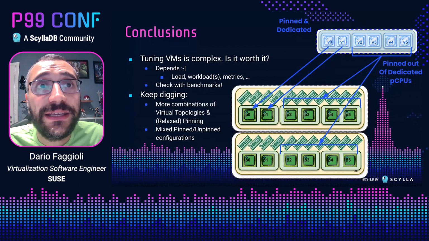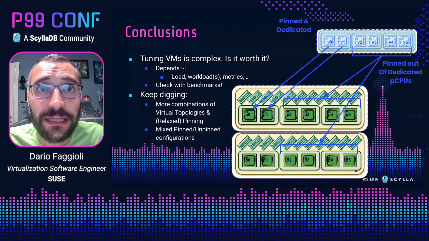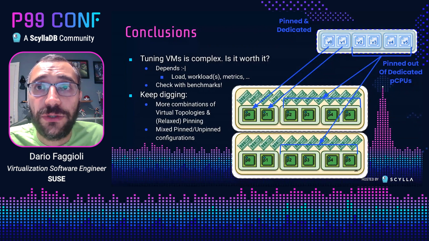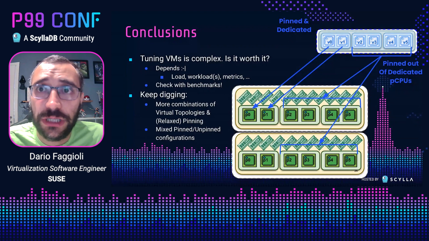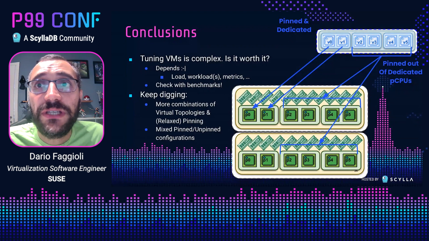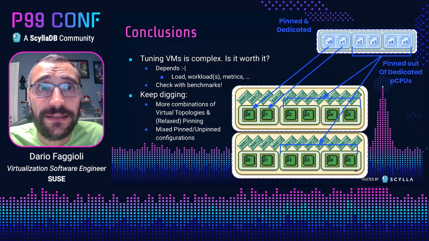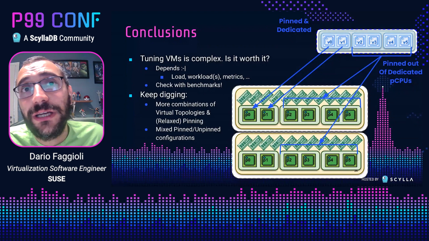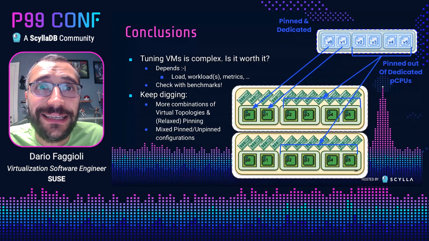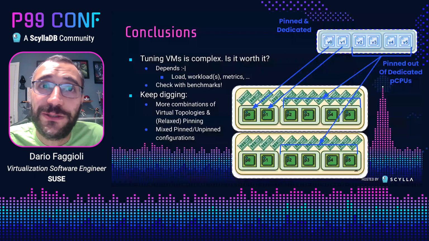At the very least, it seems that we can conclude that strictly partitioning the host and going heavy on tuning of the VMs with one-to-one pinning, virtual topology, and all the other stuff gives us the most consistent and the best worst case performance. Unfortunately, it doesn't really guarantee the best average performance too.